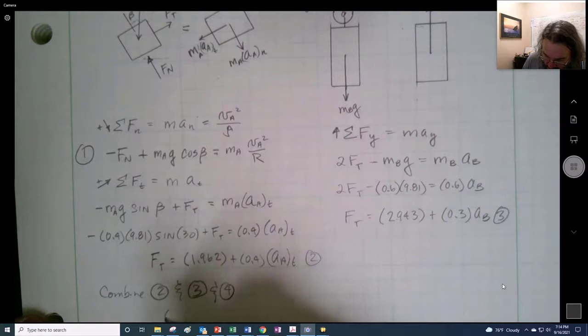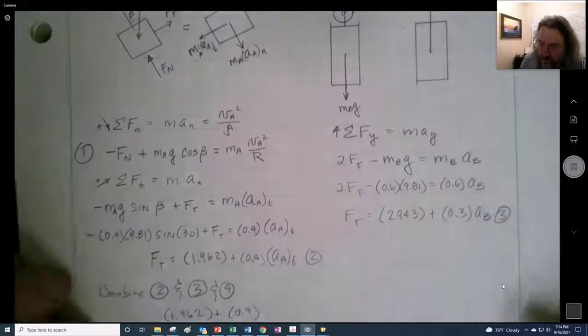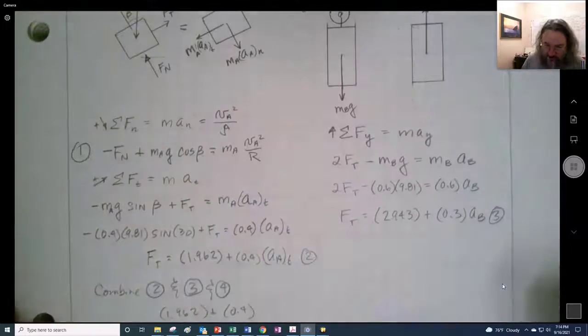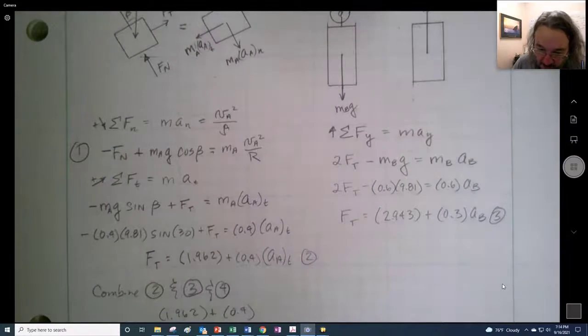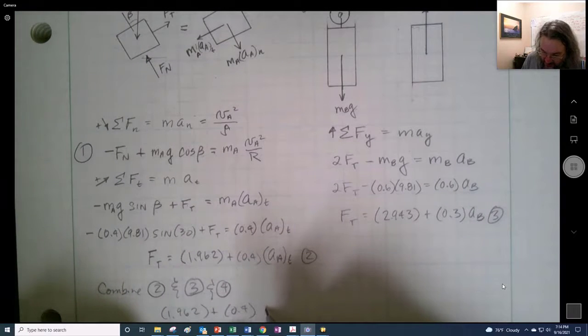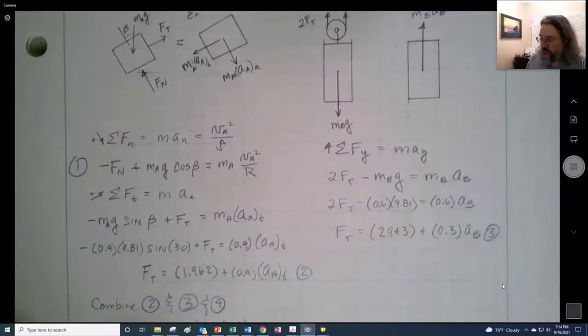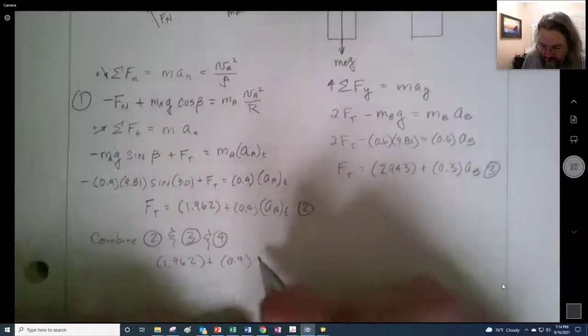So let's say 1.962 plus 0.4. And who am I trying to solve for? I want to try to find the acceleration of 1, right? So that turns out to be A. So I'm going to do it in terms of A. Here, let me move this keyboard over to the side so I can move the paper up.